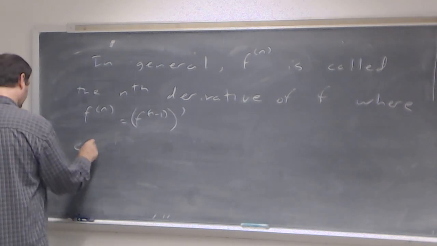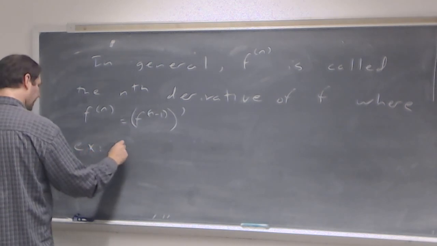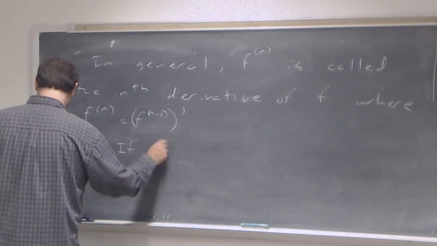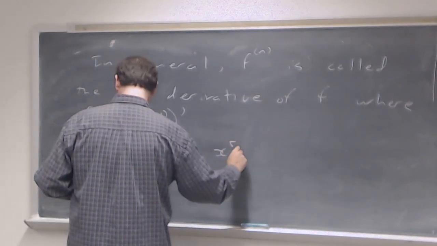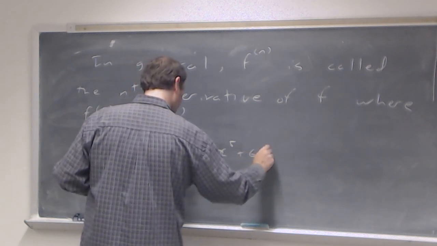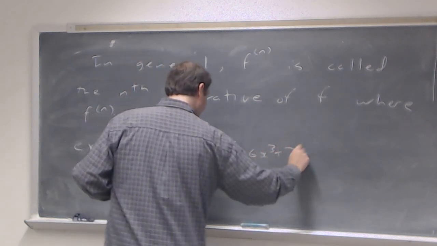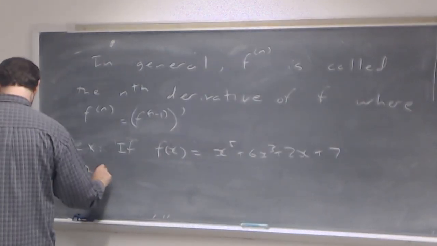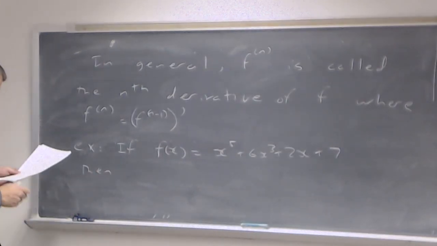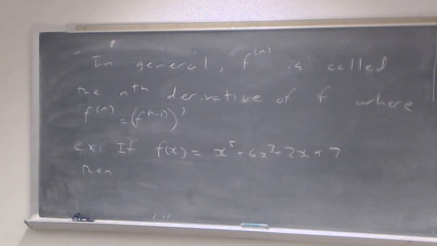And as an example, this is where we'll begin. If we let f of x be equal to x to the fifth plus 6x to the third plus 2x plus 7, then here's what we have.